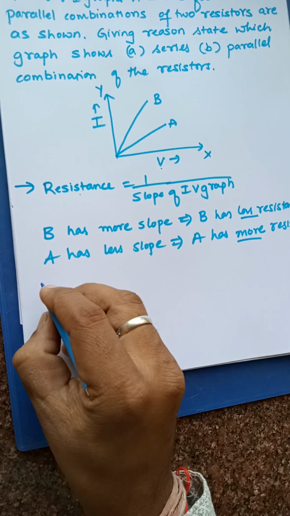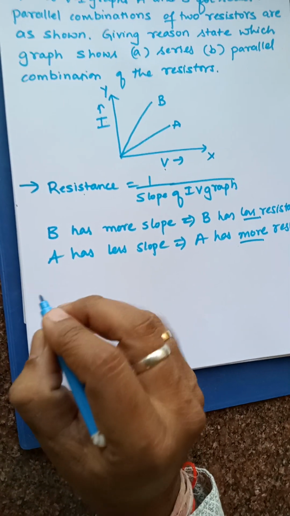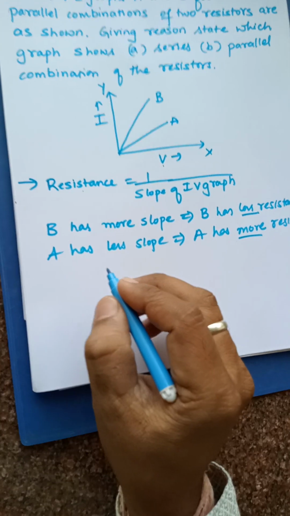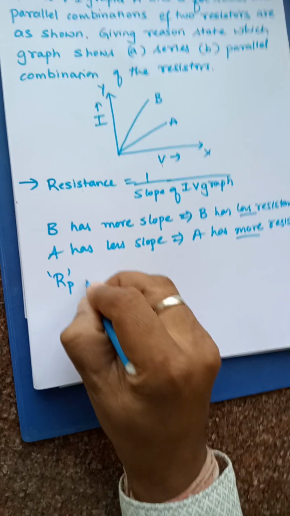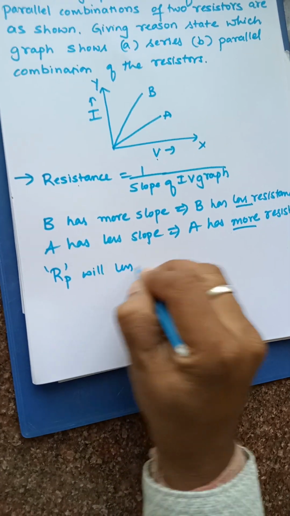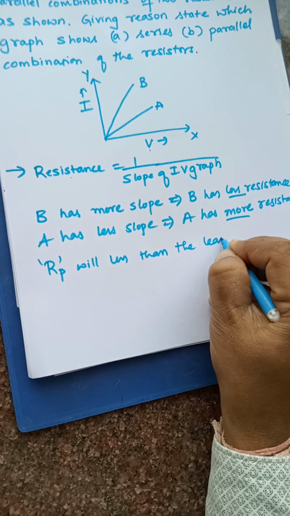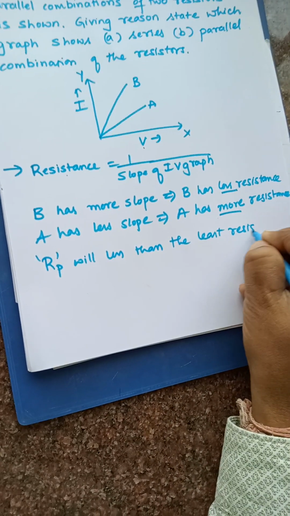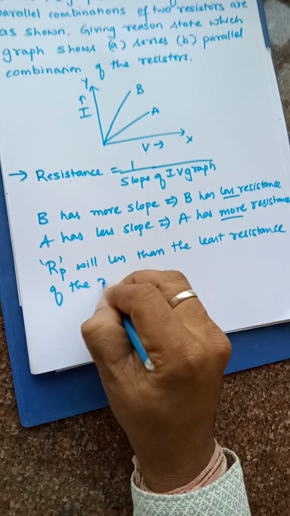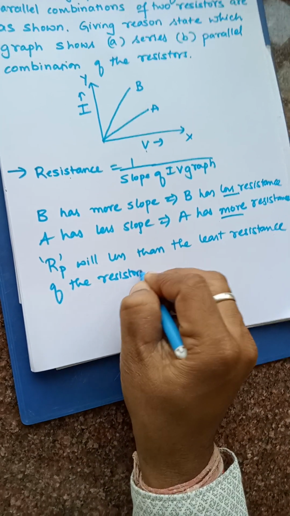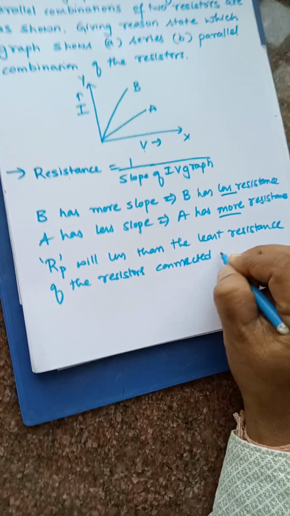Whenever we connect two or more resistors in parallel, Rp will be less than the least resistance of the resistors connected in parallel.